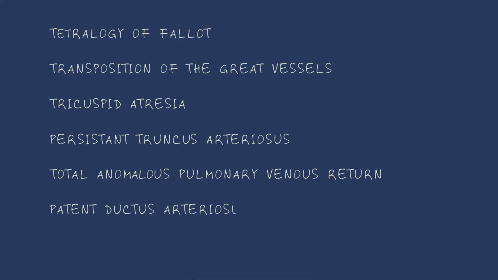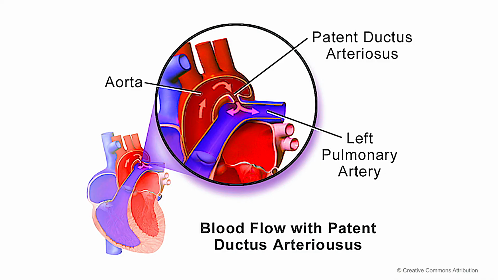Patent ductus arteriosus. This is normal in the developing fetus because you need a shunting of blood from the right side of the heart to the left. We're not going into the lungs yet. We haven't been born. But once we're born and the pressure in the lungs drops and allows for the blood to be oxygenated by breathing, that patent ductus arteriosus should close.